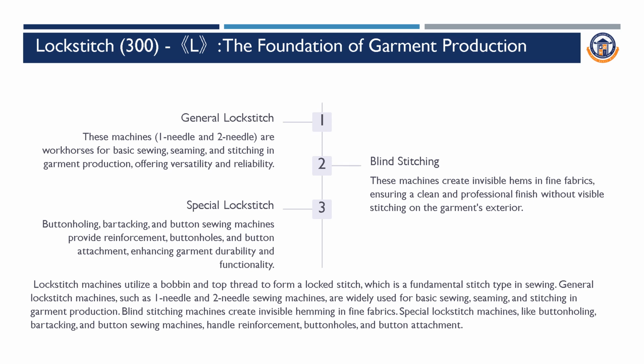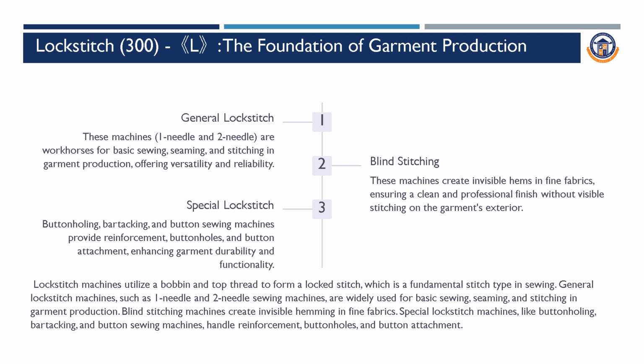flexibility. Overall, from this lock stitch machine classification, lock stitch machines utilize a bobbin and top thread to form a locked stitch, which is a fundamental stitch type in sewing. General lock stitch machines such as one- and two-needle sewing machines are widely used for basic sewing, seaming and stitching in garment production.